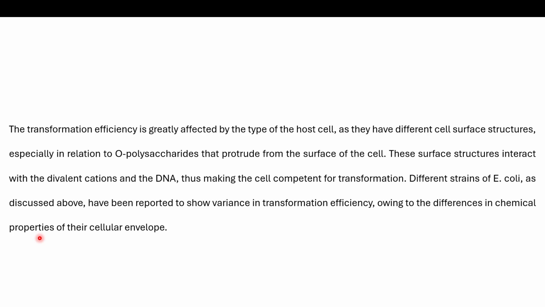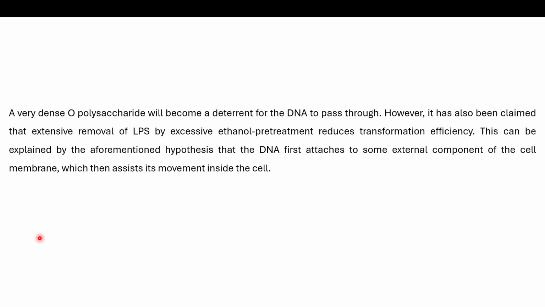The cell surface composition can also enhance or reduce the efficiency. A very dense O polysaccharide will become a deterrent for the DNA to pass through, lowering the transformation efficiency.